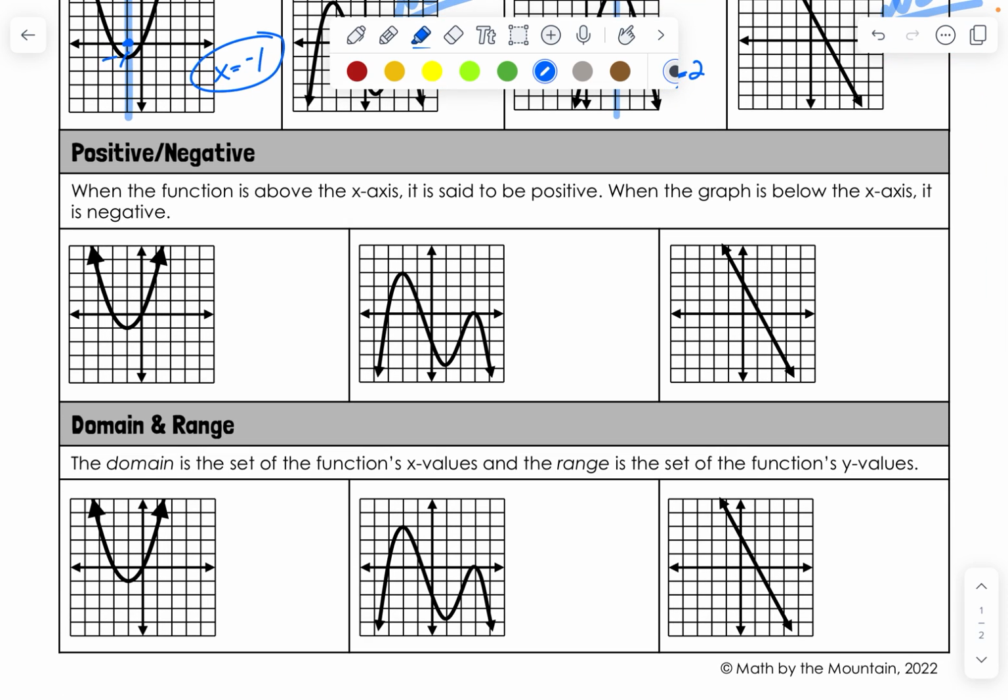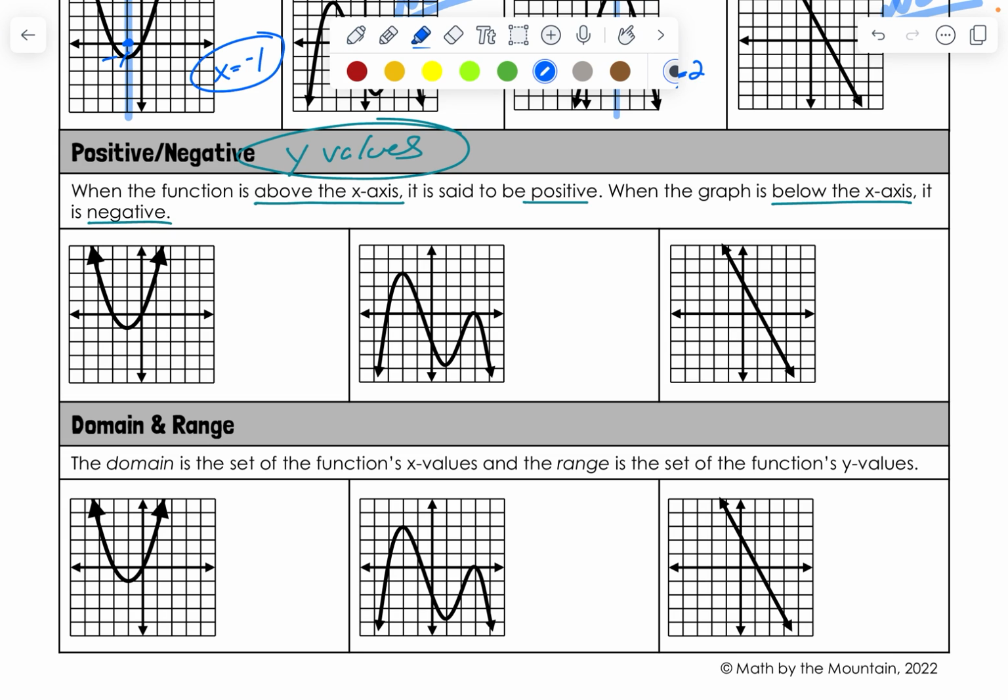Now, positive, negative. So positive and negative refers to y values. When the function is above the x-axis, it's positive. When the graph is below the x-axis, it's negative. So think y values. Where are the y values positive?